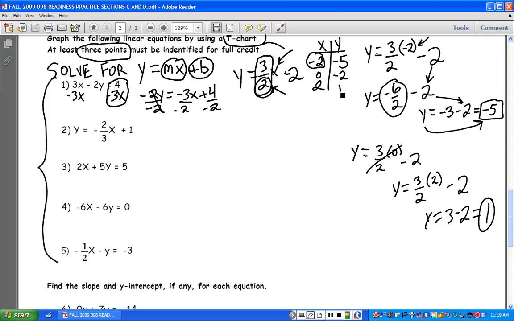And if you notice, there is a pattern because our x inputs are symmetric about 0, so we have -2 and 0 and +2. Because it's symmetric on the x side about 0, we should always have a pattern with our y values as long as we're dealing with linear equations. So we got a -5 for the first answer, and if I added 3 to that, I'd get a -2.